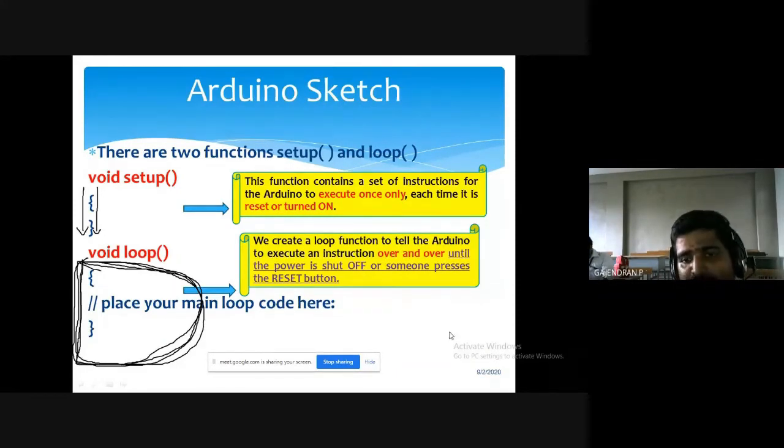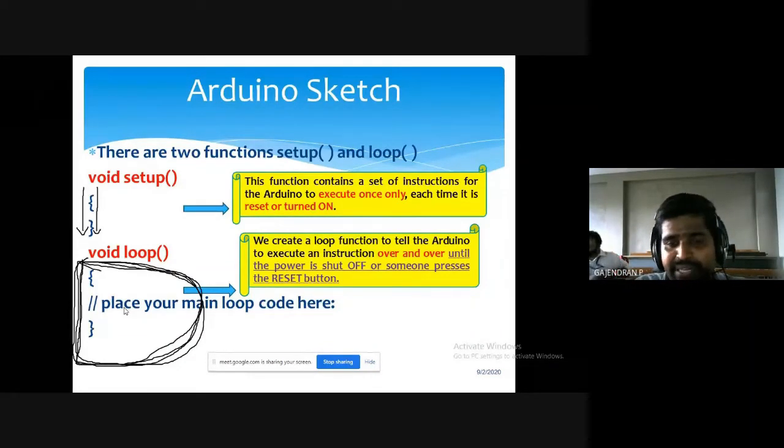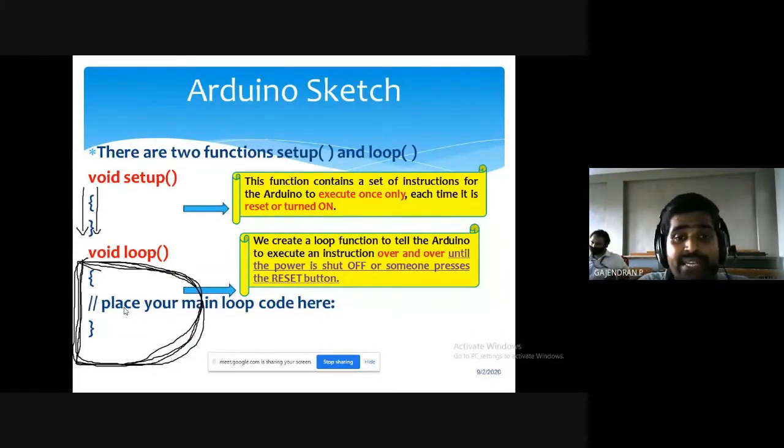What are the things you need to execute? You need to type it here. See, I am doing the same example: automatic hand sanitizer. If at 9 o'clock we enter our college gate, at that time, if I bring the hand near the hand sanitizer, it needs to dispense the sanitizer.